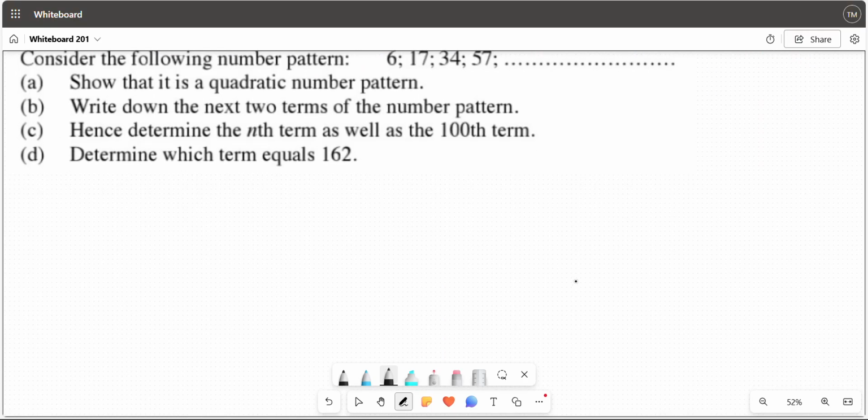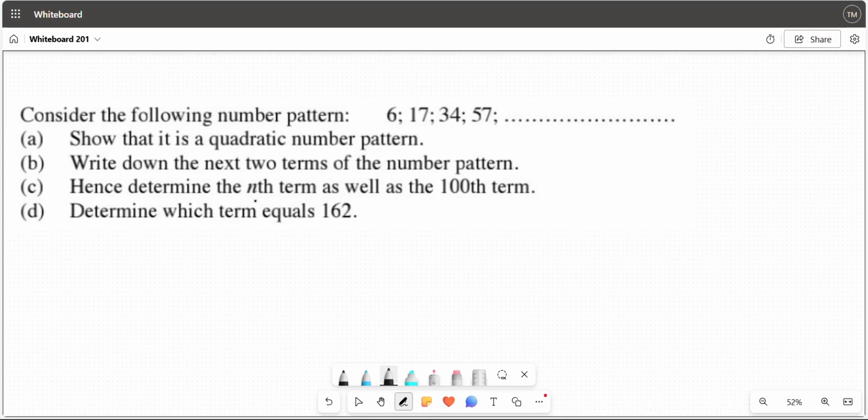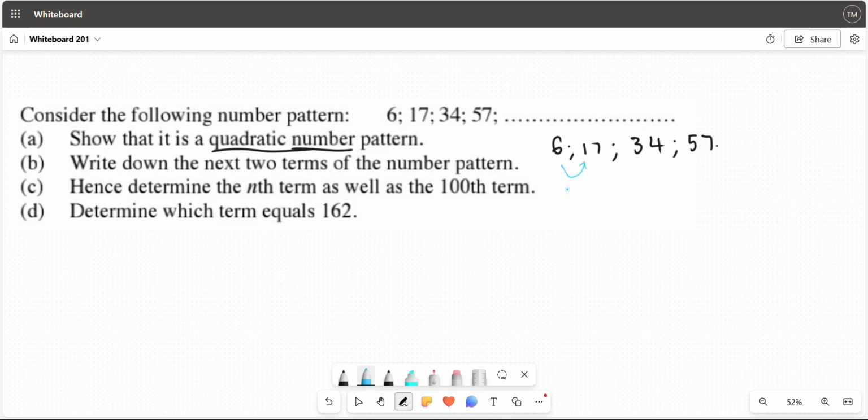We're given this pattern here, and the first question asks us to show that this is a quadratic pattern. So let's take our pattern: 6, 17, 34, and 57. To move from the 6 to the 17, I am adding 11. To move from the 17 to the 34, I am adding 17.